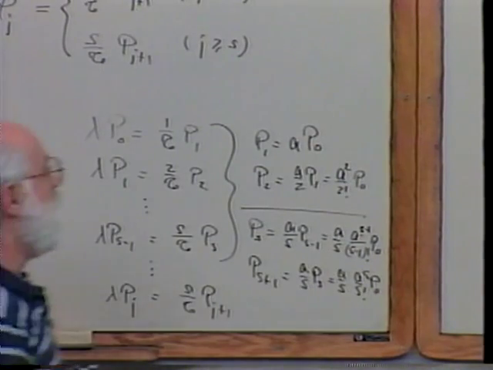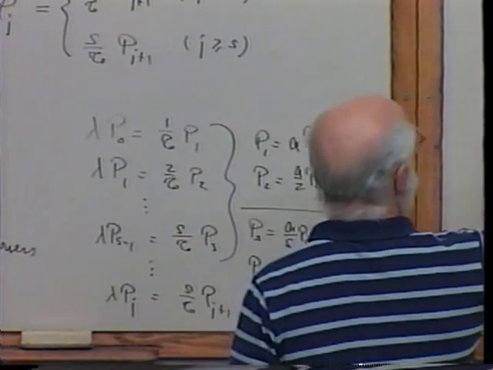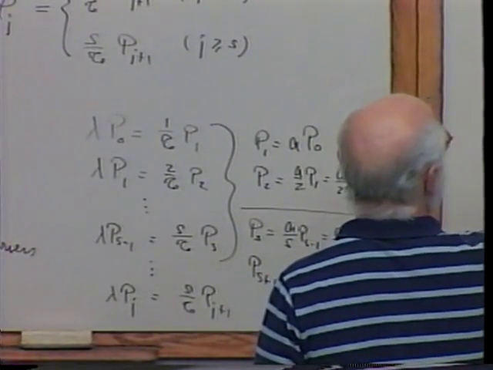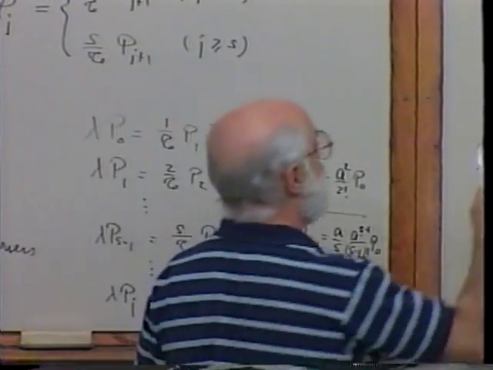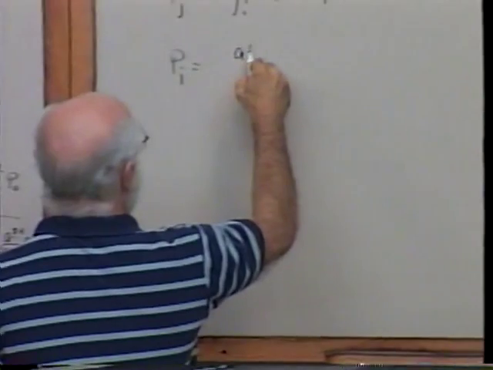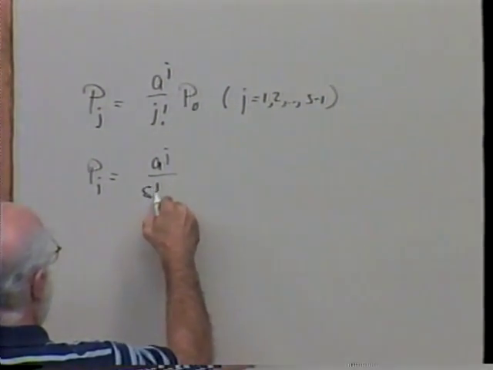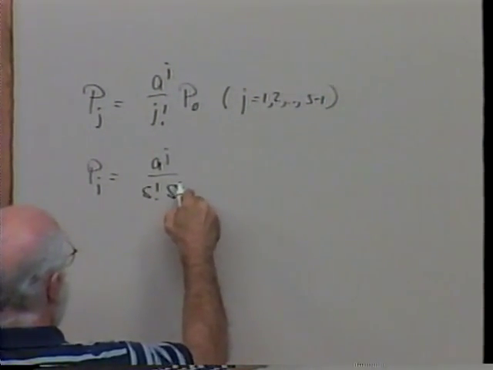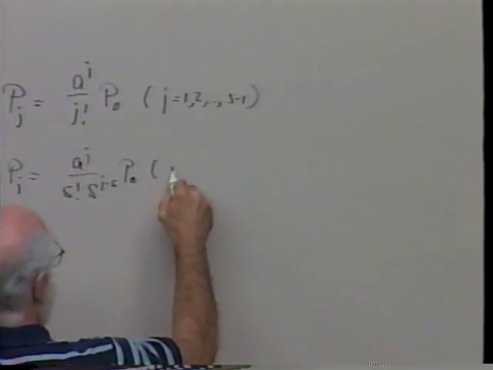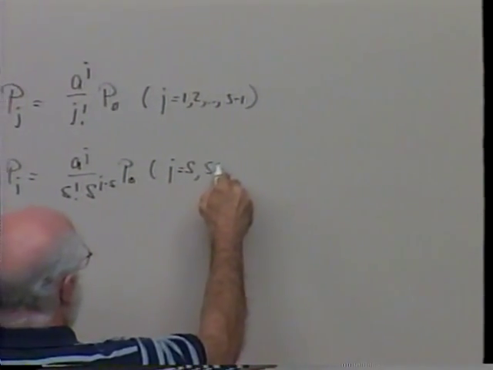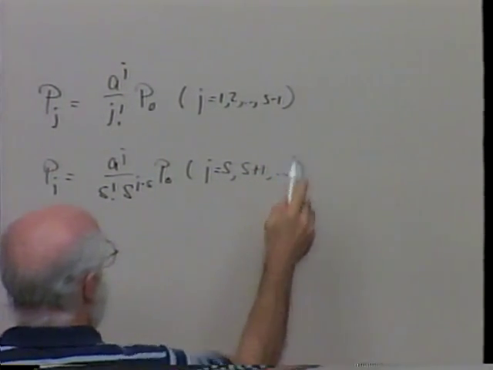So what I'm going to get is that pj is equal to, all right, now if I write this out, it's going to turn out to be equal to A to the j over s factorial times s to the j minus s, times P0, as j runs from s to infinity.